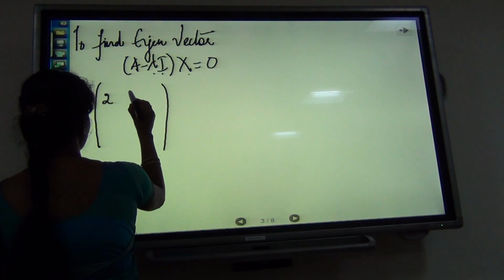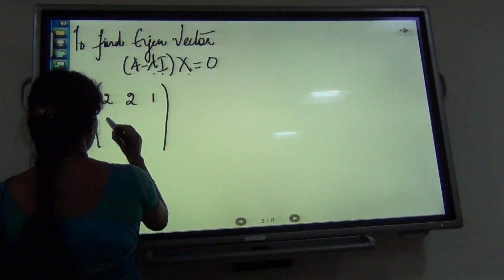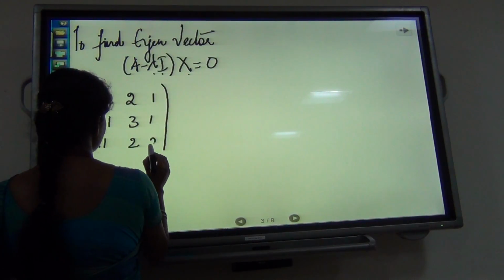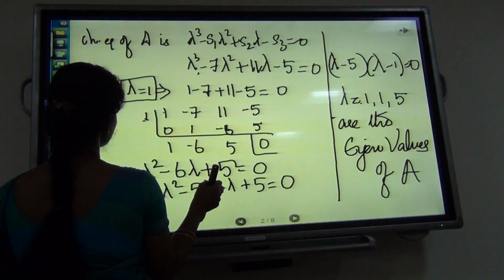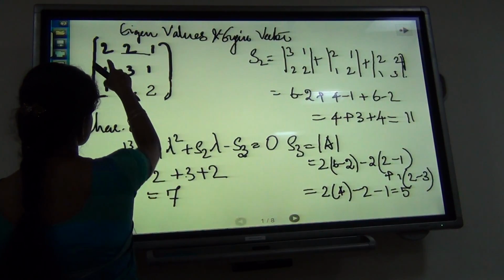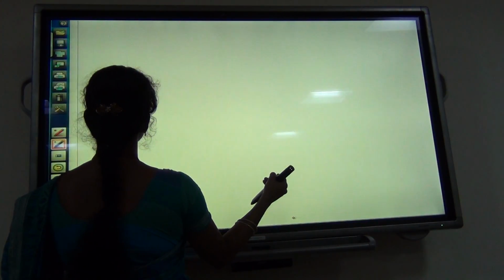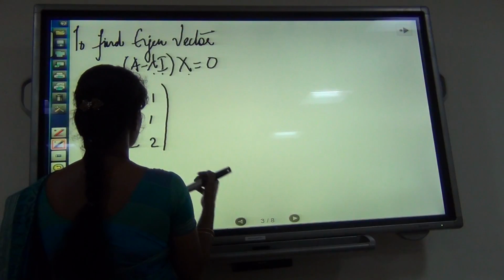So let us write what the matrix A is. It is 2, 2, 1, 1, 3, 1, 1, 2, 2. Let me check whether I have written the matrix elements correctly. Yeah, 1, 2, 2. That's right.